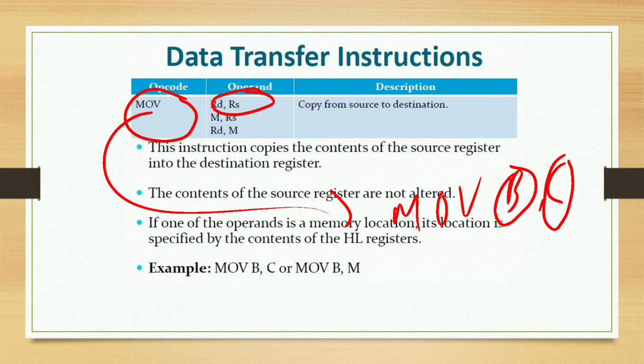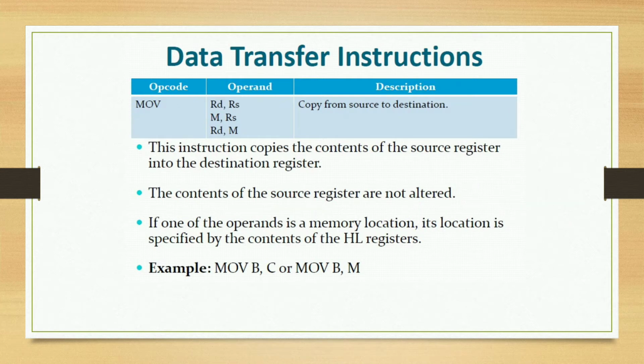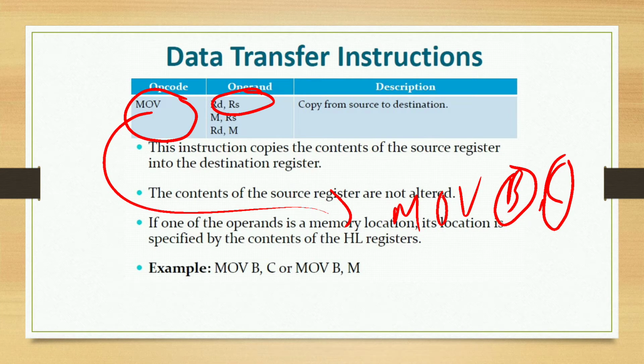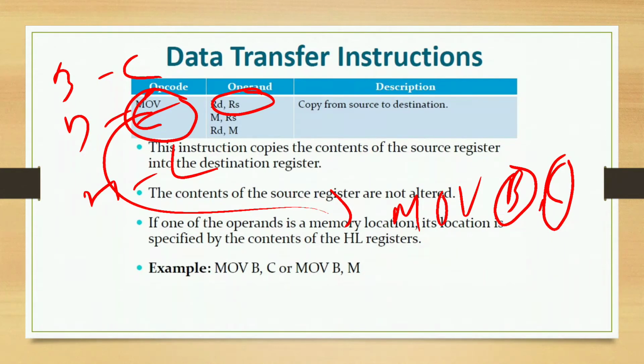In the 8085 microprocessor, 6 general purpose registers are there, that is B, C, D, E, H, L. In pairing we will consider BC register, DE register or HL register. MOV B, C: B is the destination register, C is the source register.